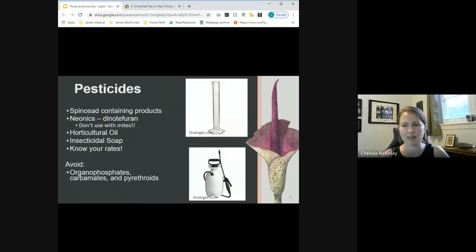Neonics in general tend to have fairly low toxicity to humans, but there has been some concern about human health in relation to exposure to neonicotinoids. So just be careful if you have kids and pets around.